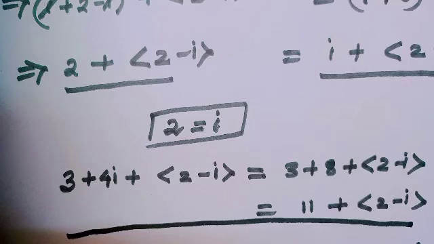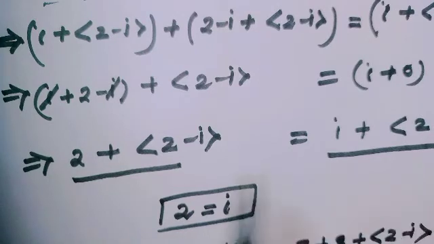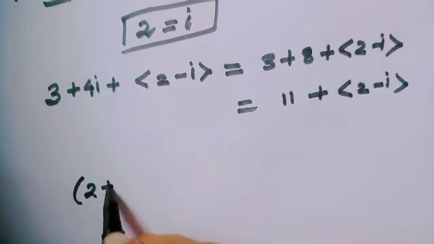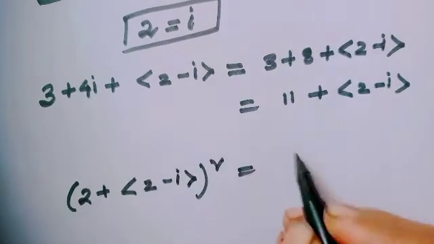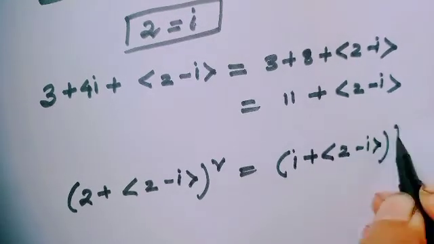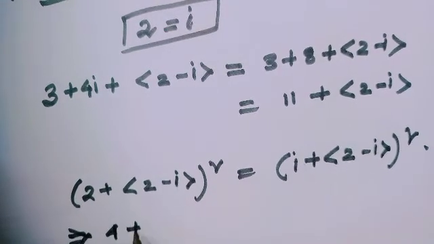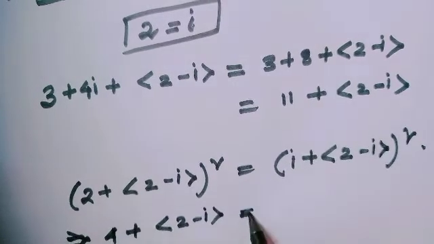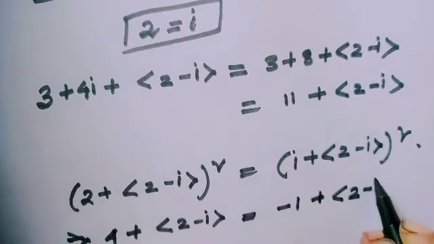Well, now for this quotient, if we square both sides, that means if we square 2 plus the ideal generated by 2 minus i, whole square equal to i plus the ideal generated by 2 minus i, whole square, then this value will be 4 plus the ideal generated by 2 minus i, which is equal to minus 1 plus the ideal generated by 2 minus i.